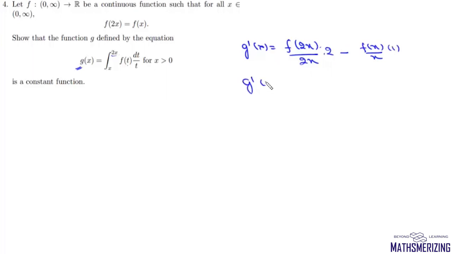So we can write g dash x as f(2x), here 2 will cancel, minus f(x) upon x. Now f(2x) is the same as f(x), so that means g dash x is 0 for all x greater than 0. It simply means this function is a constant function.